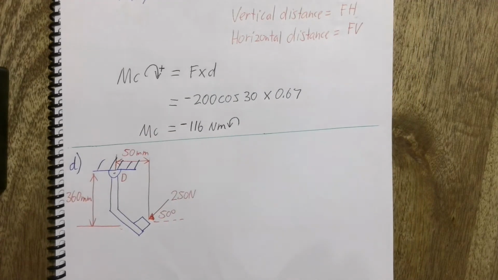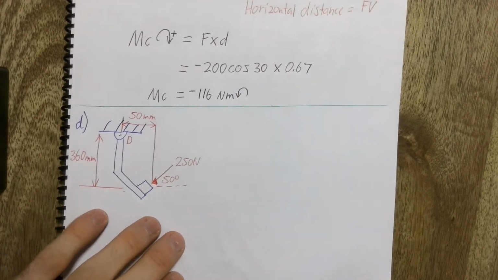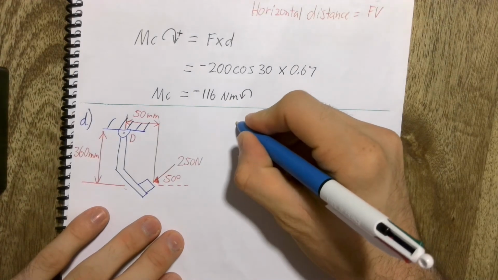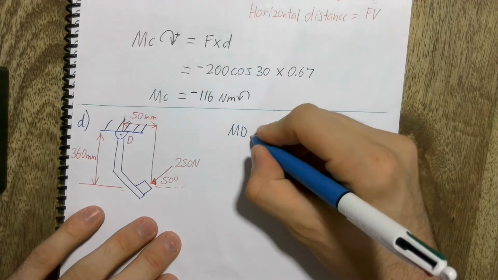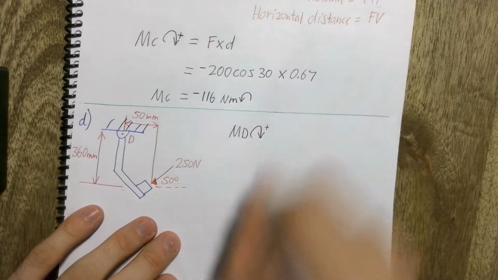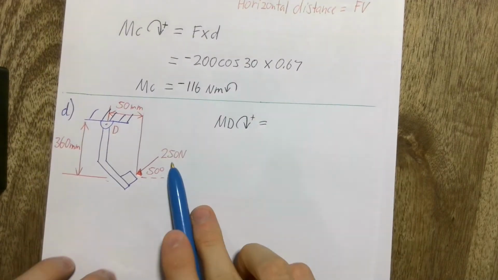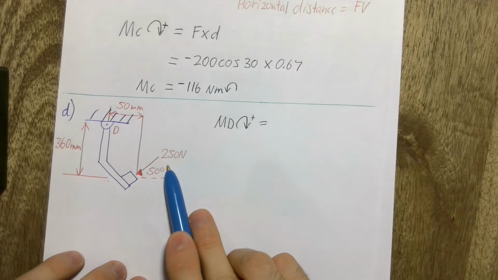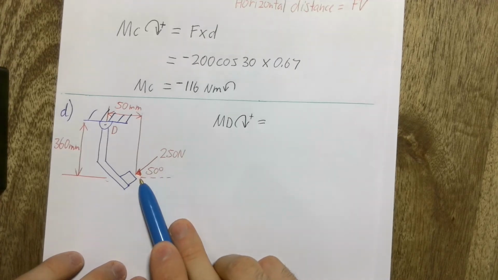So let's have a little go at this problem. So this formula would again be moments around D, yeah, with our positive symbol, okay, equals, now we have two distances and we still have that one force which can act as a force vertical and a force horizontal.